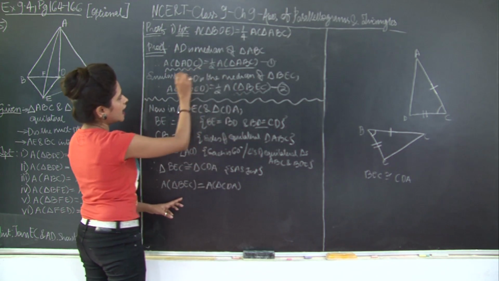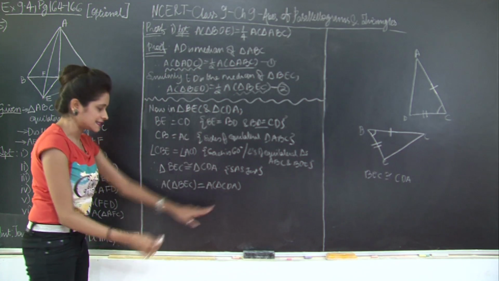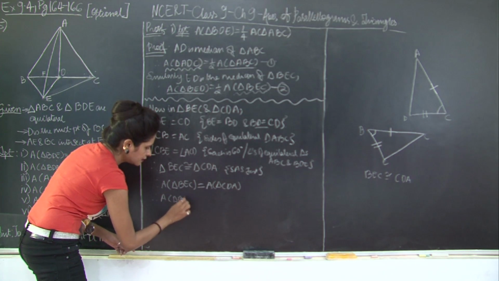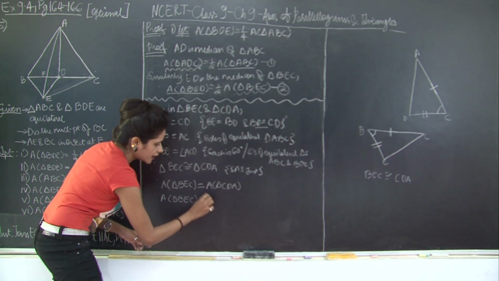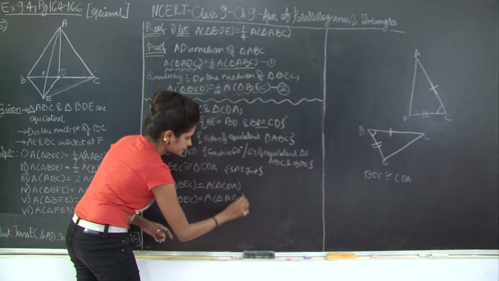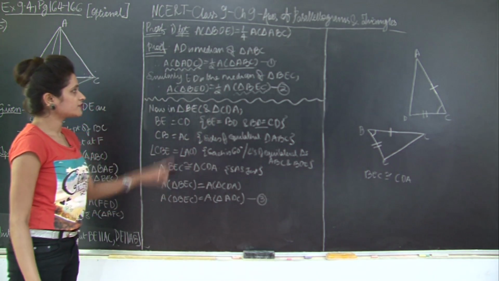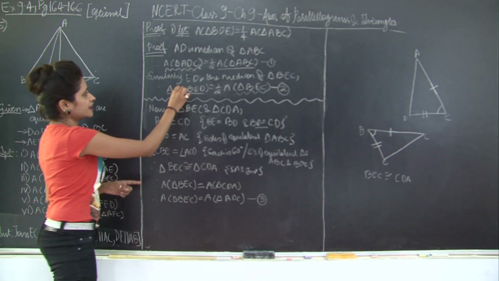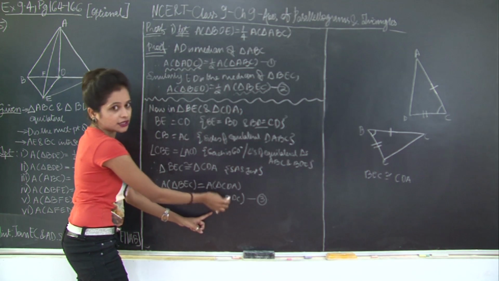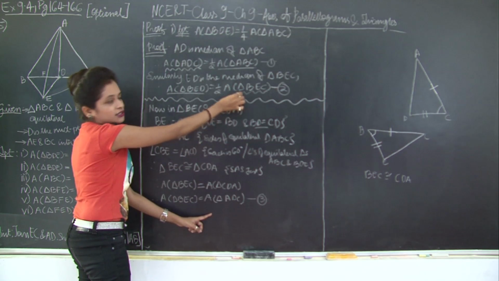Now, we have our triangle written in the form of ADC. So let us just rewrite this as ADC. Therefore, area of triangle BEC is equal to area of triangle ADC. I'll mark this as 3. So now what do you get from 1, 2 and 3? You get area of triangle BDE is equal to area of triangle ADC. Why? Because I have BEC is equal to ADC and you have BEC over here, right?